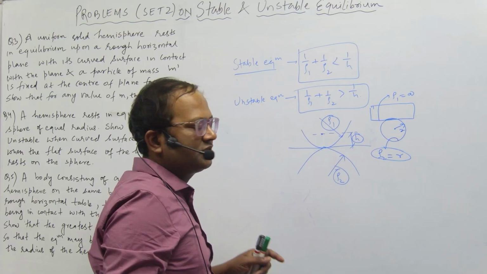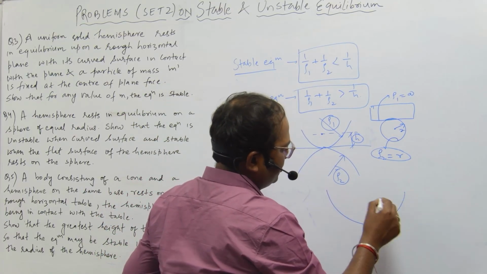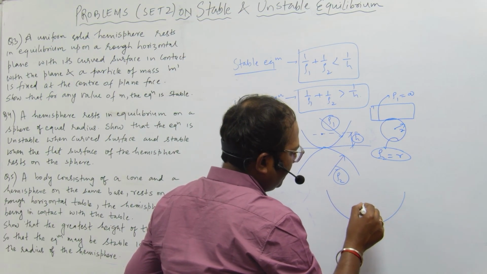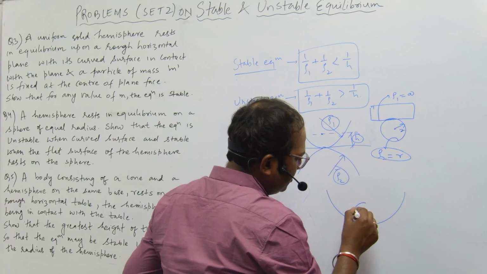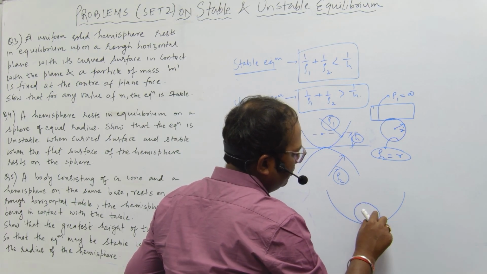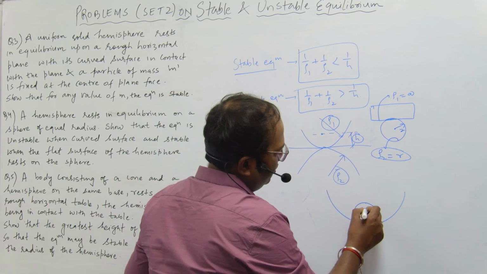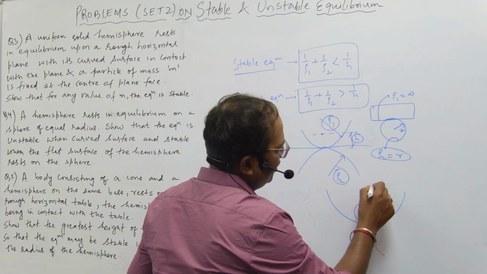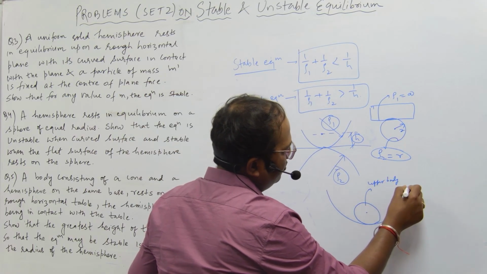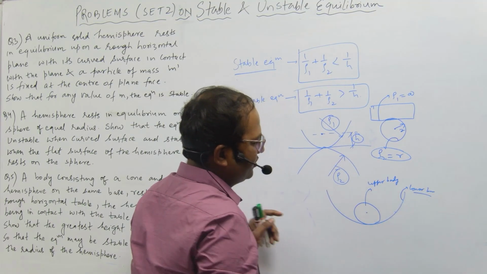One more concept is that suppose two bodies are placed in this particular fashion. This is the upper body and this is the lower body. The upper body is placed in an inverted fashion.